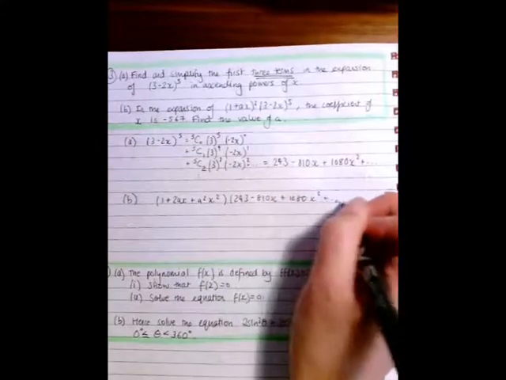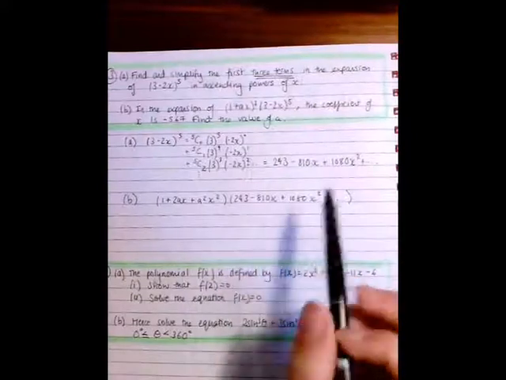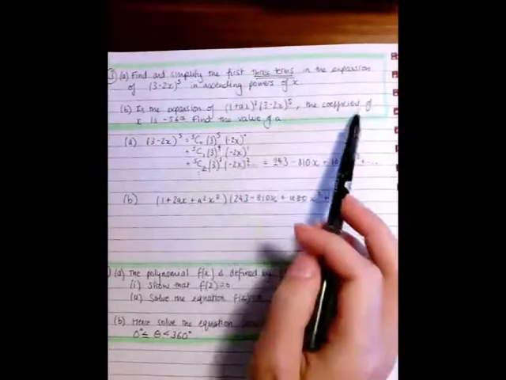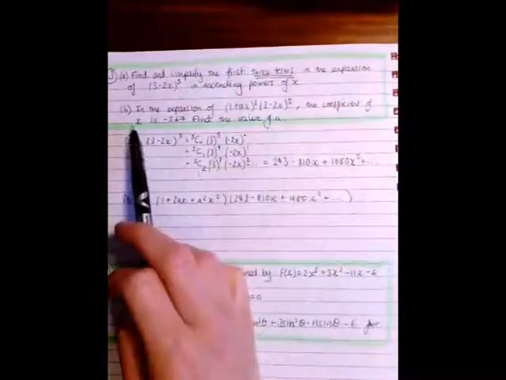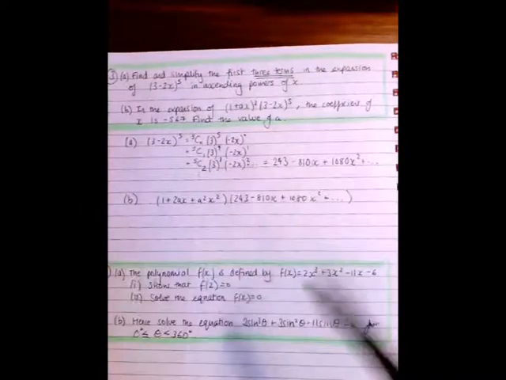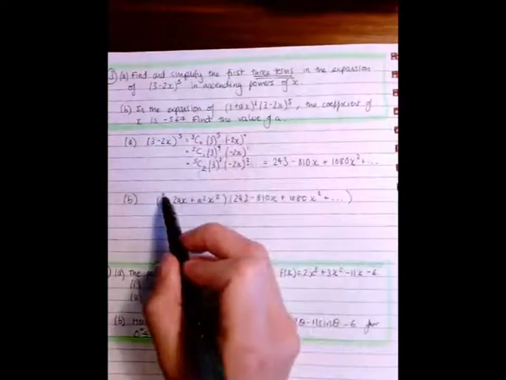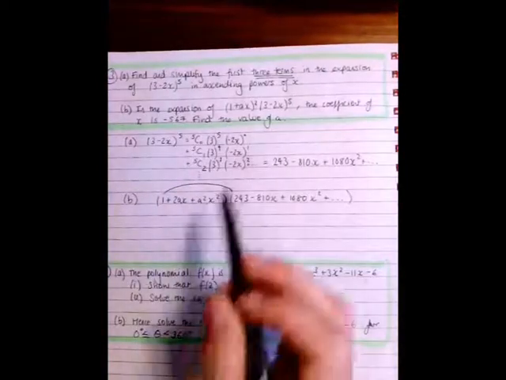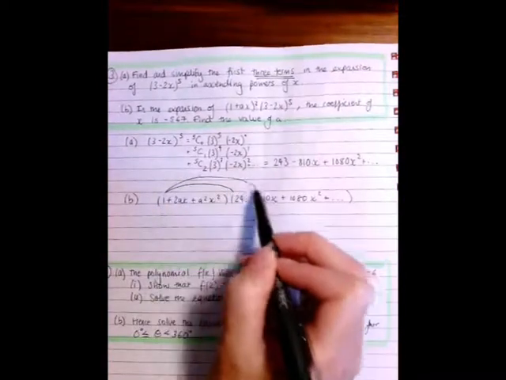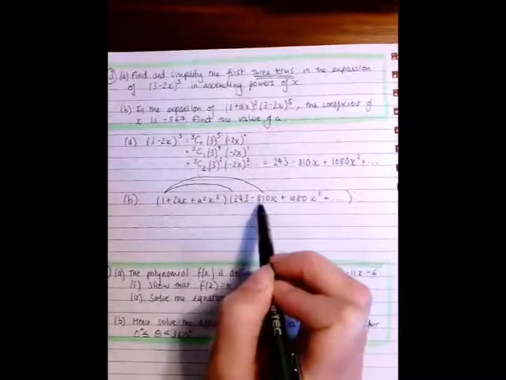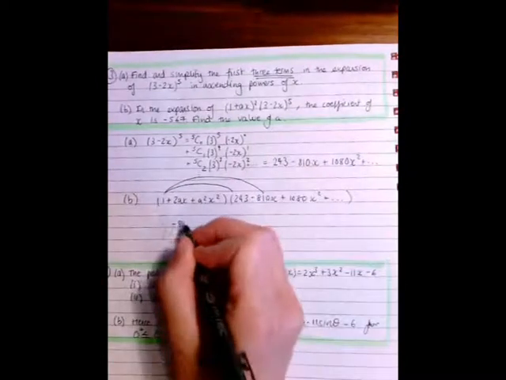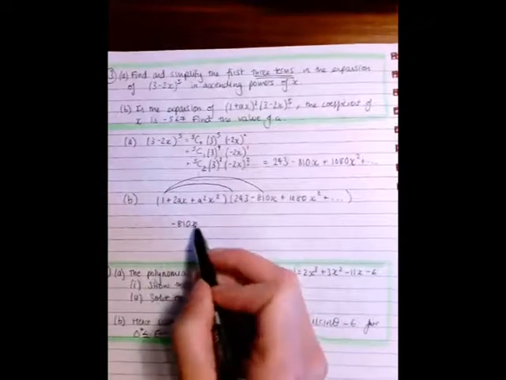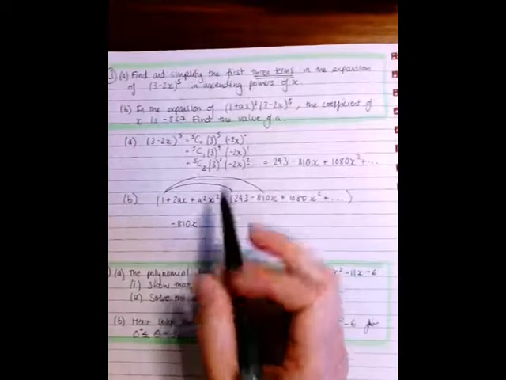Which does carry on. Now it doesn't matter that we don't know all the terms because we're only interested in the coefficient of the x term. So when you're expanding this out, 1 times 243 wouldn't matter because that's not going to have an x in it. However, timesing 1 by minus 810x is important because that's got a coefficient next to x.